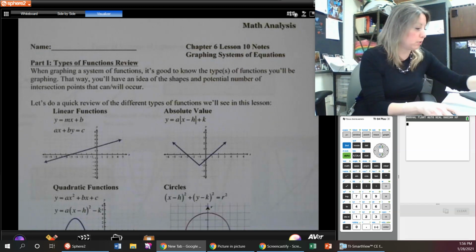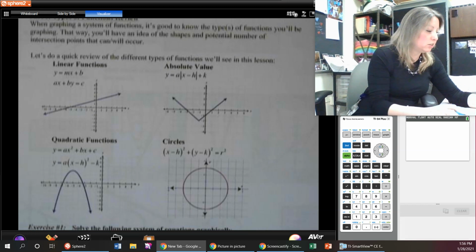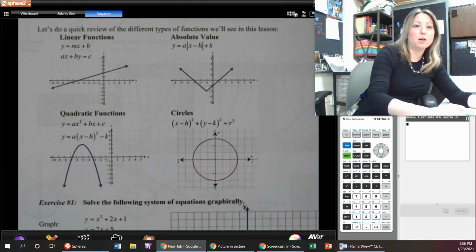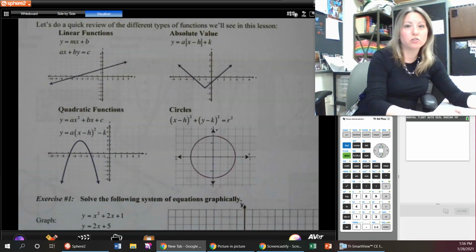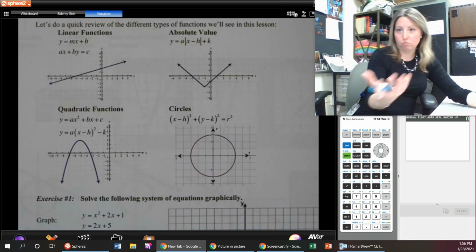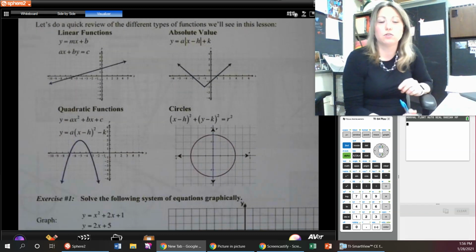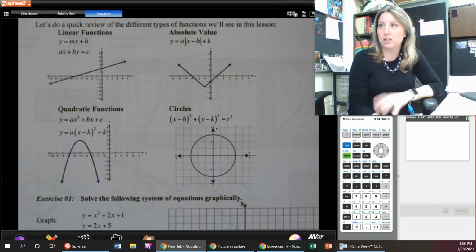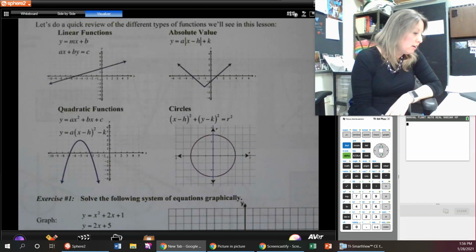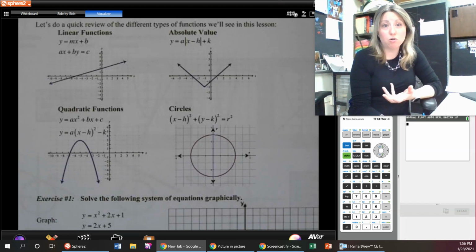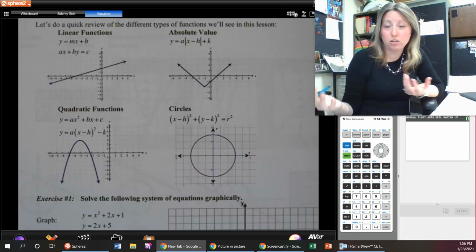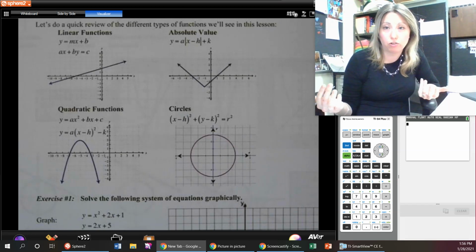So, very quick review of lines and absolute value and quadratic functions and circles, which, as we know, are not functions, they are relations because of the repeated x value. You have to be able to know what type of thing you're looking at based on its equation.